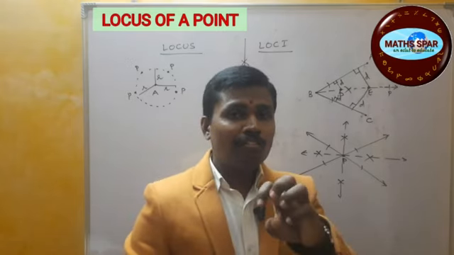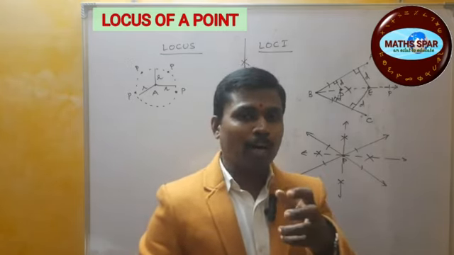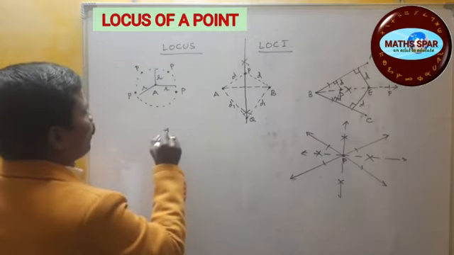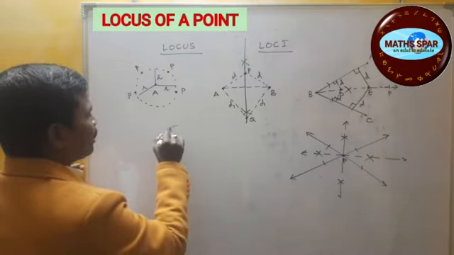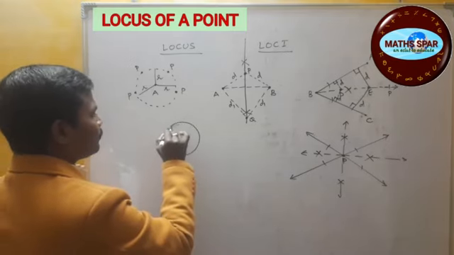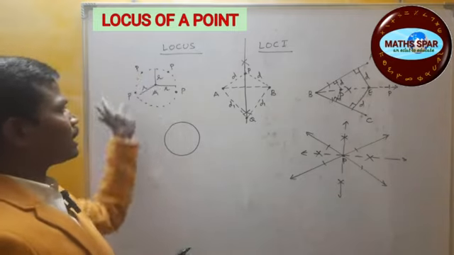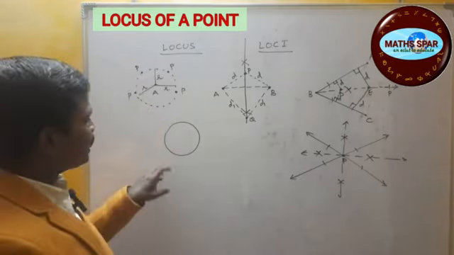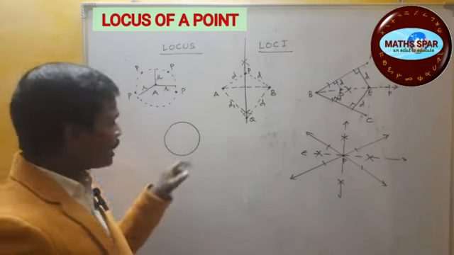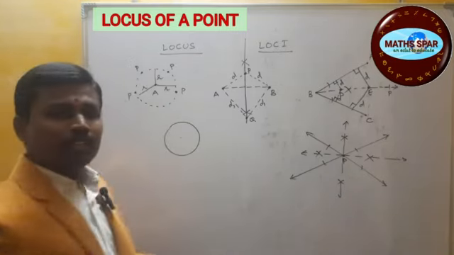But let us learn a few more loci of a point. Locus of a point for a circle. Locus of a point for a fixed point is a circular path. So can we say that the locus of a point for a circle is the center of the circle?